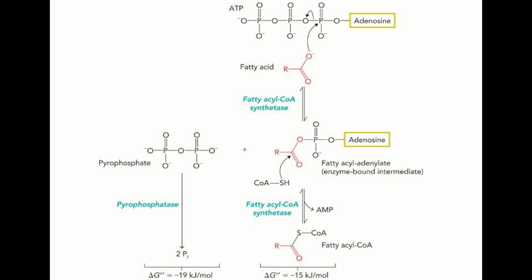So this allows us to get our fatty acid in an activated form into the mitochondria, and this is where the beta oxidation can occur, because this is where the beta oxidation machinery is found.